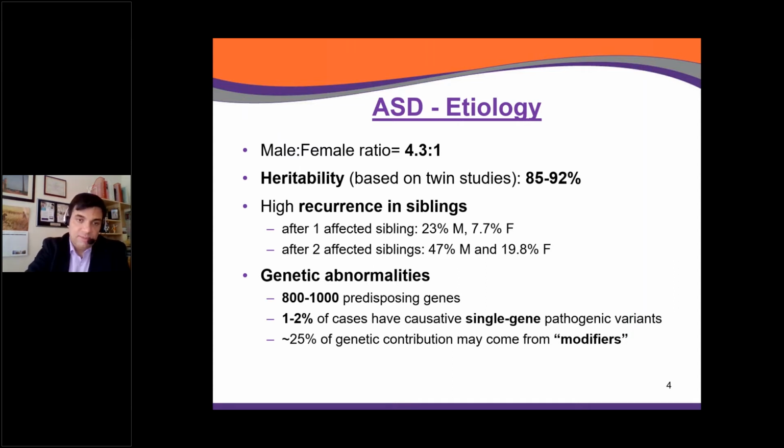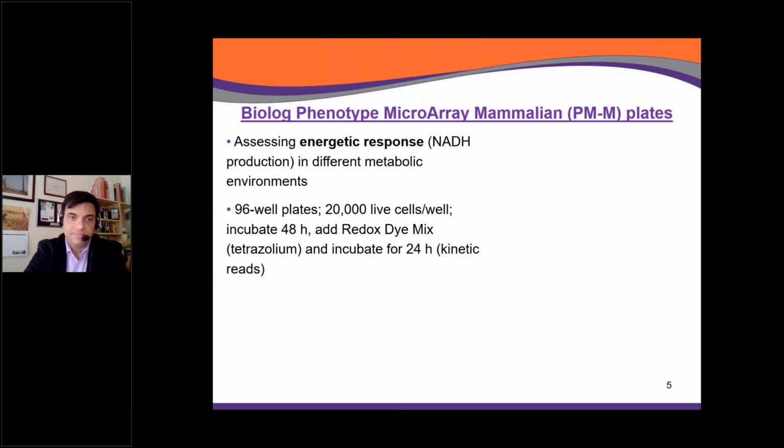On the other hand, about 1/4 of the cases are estimated to carry some genetic variants that would work as modifiers. So will exert some effect in either the onset or the severity of the phenotype, the behavioral phenotype, but will not be sufficient alone to cause the disorder.